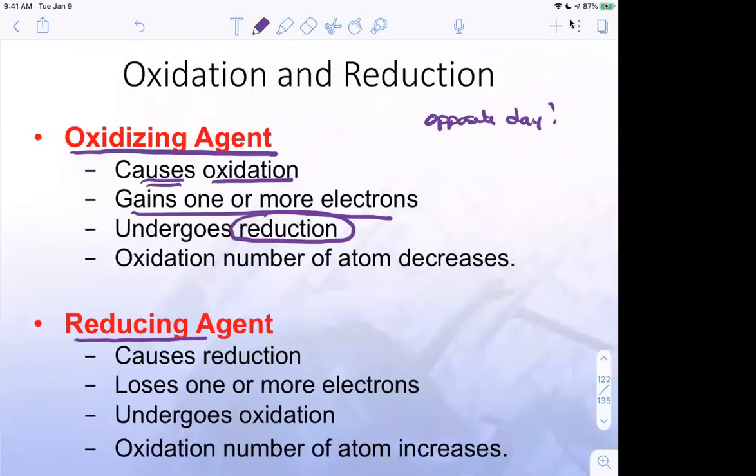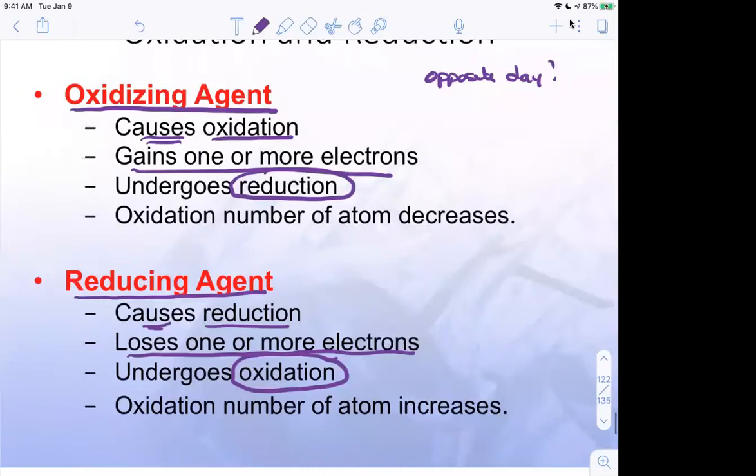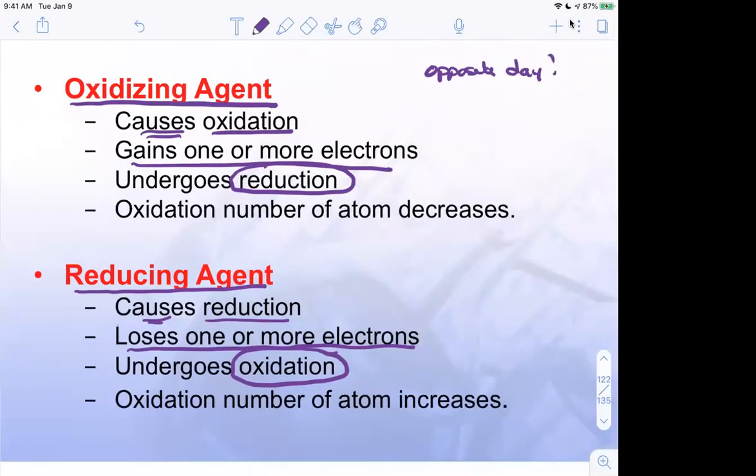The reducing agent causes reduction. So it is losing one or more electrons. It is the species that is undergoing oxidation. And that, again, is opposite day. If I am undergoing oxidation, I am the reducing agent.